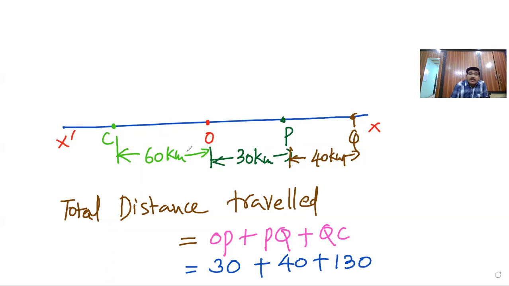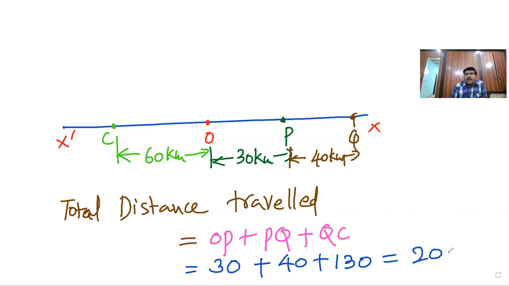And be careful. Don't take the negative direction, the negative sign. It is only magnitude, so you have to add that sum. So total distance is 30 plus 40, 70, plus 130.